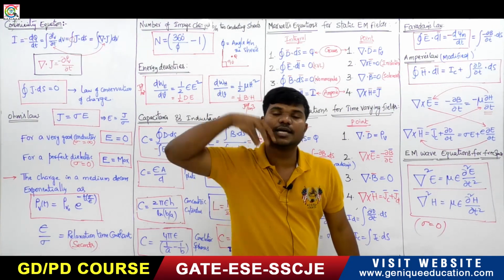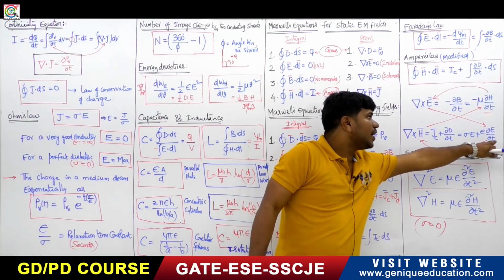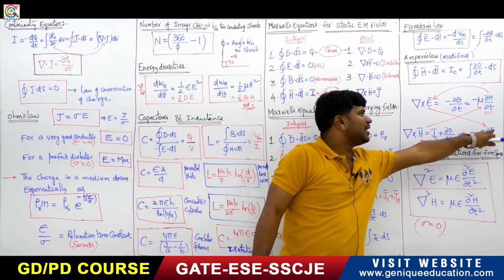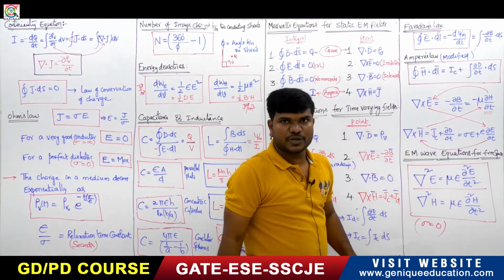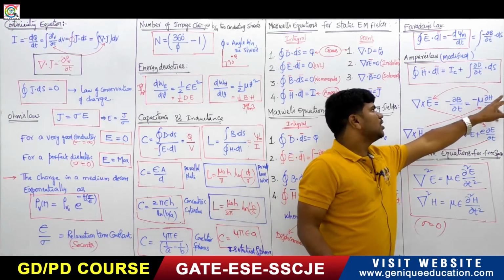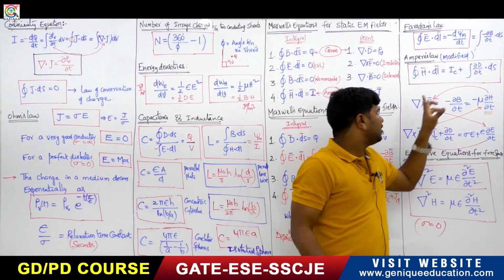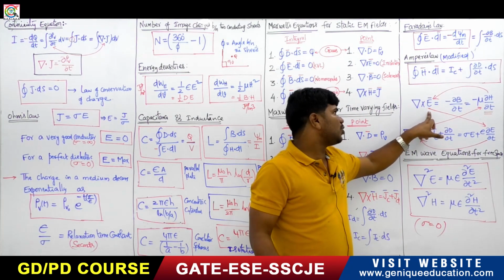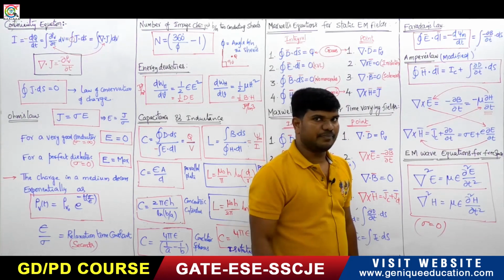Okay, suppose you take the voltage. Due to that voltage, you will get an electric field. If that electric field is varied with respect to time, what happens? During the acceleration, you will get the magnetic field. Due to that magnetic field, you will get the electric field, and this produced electric field is perpendicular to the magnetic field which we have taken.